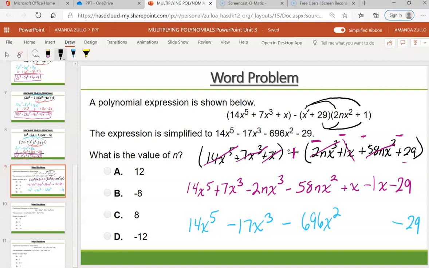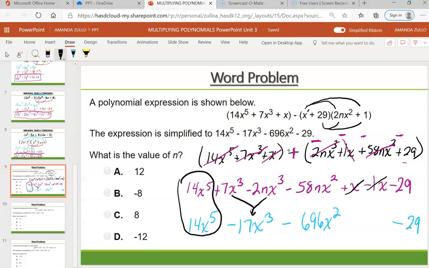All right. Let's compare. First of all, x minus x, they go away. These match. Okay, they're a perfect match, so I don't have to do anything with it. Somehow these two numbers turn into a negative 17x to the third. So whatever n is makes these two terms turn into a negative 17x to the third power.